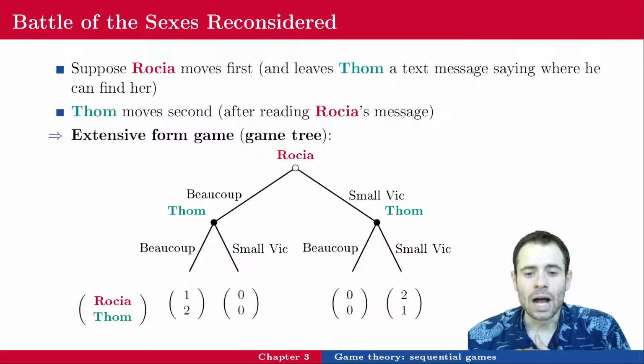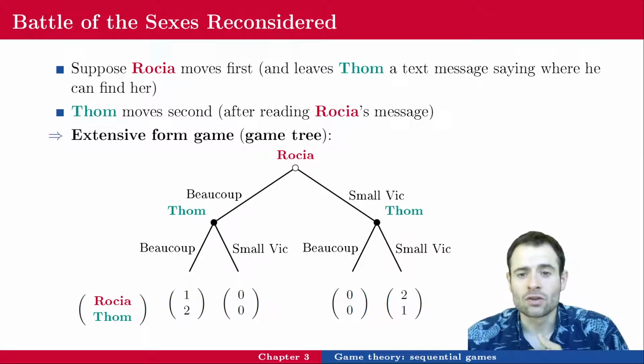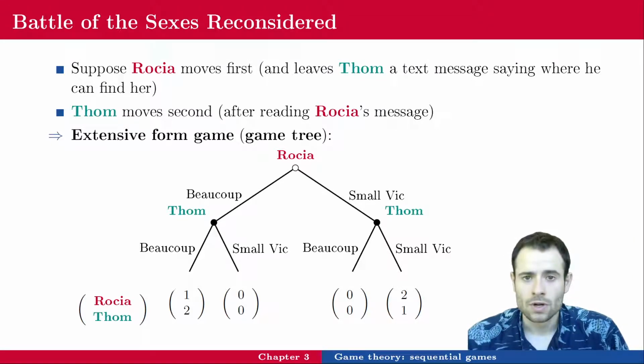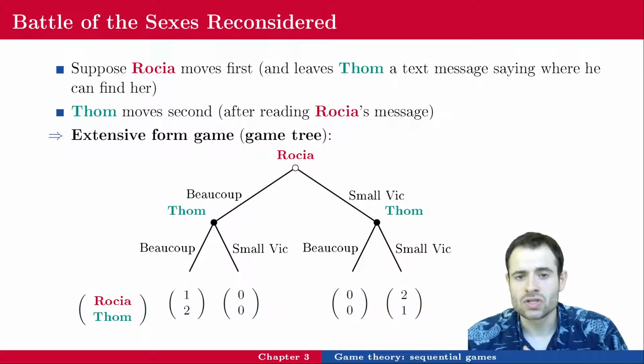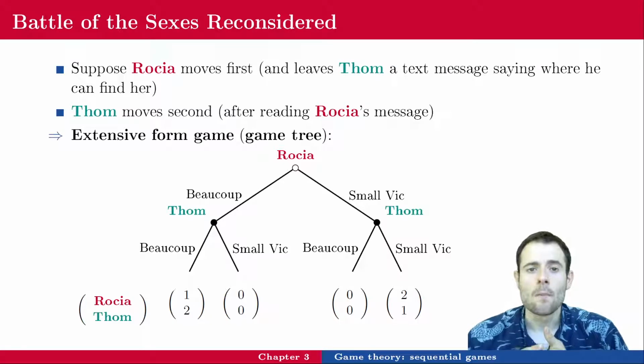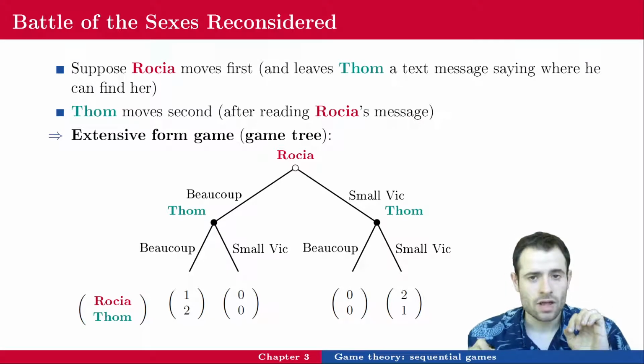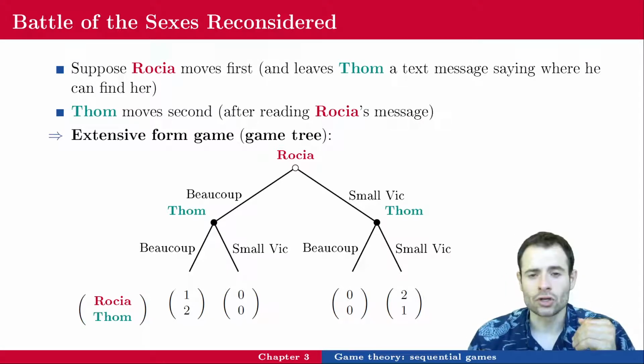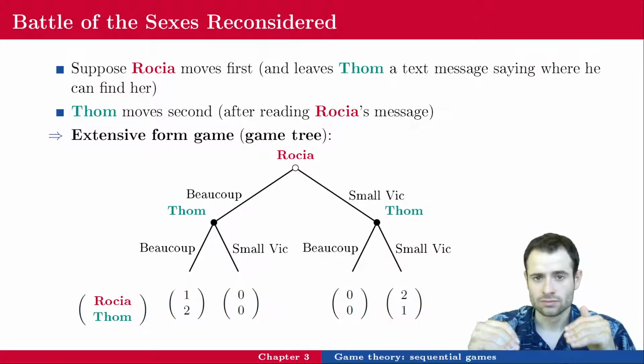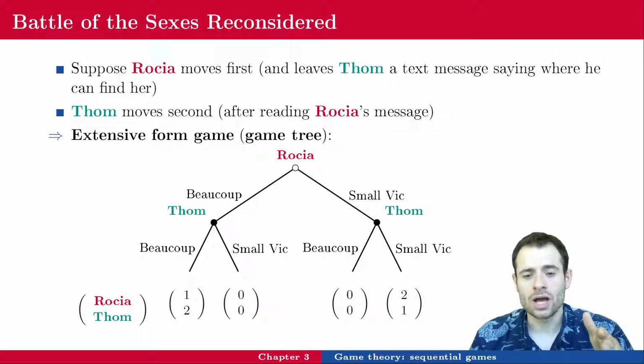So, at the top of the tree, we represent the first player. We look at the different options the player has. Here, Rosia can choose between Beaucoup and Small Victory. That opens up two branches, and then it's Tom's turn to play. He himself can go to Beaucoup or Small Victory in each case, wherever Rosia went in the first place.